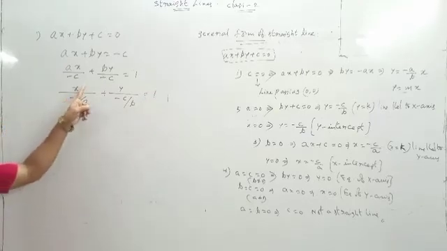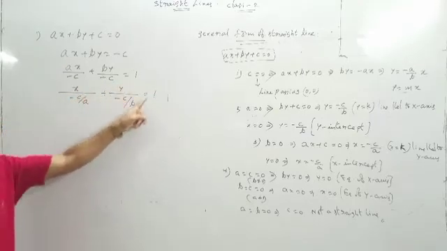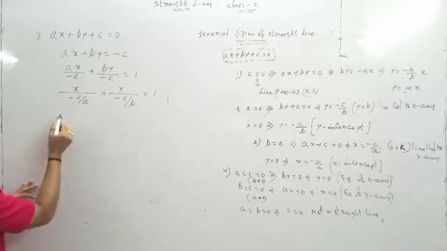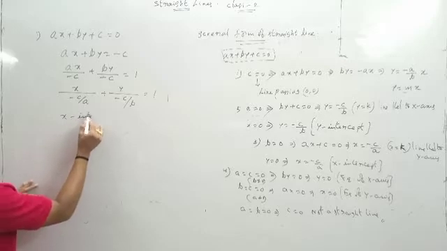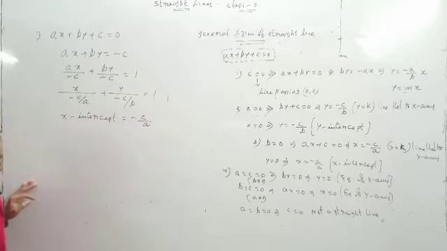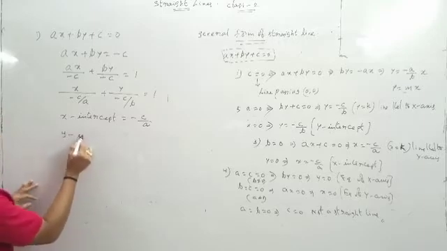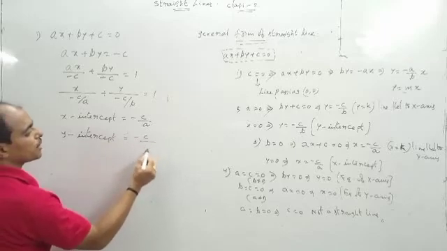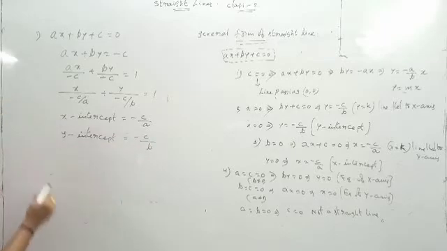So it is of the form x by a plus y by b is equal to 1. So what is the x intercept here? From this also we can say x intercept is equal to minus c by a. And what about y intercept? Minus c by b.